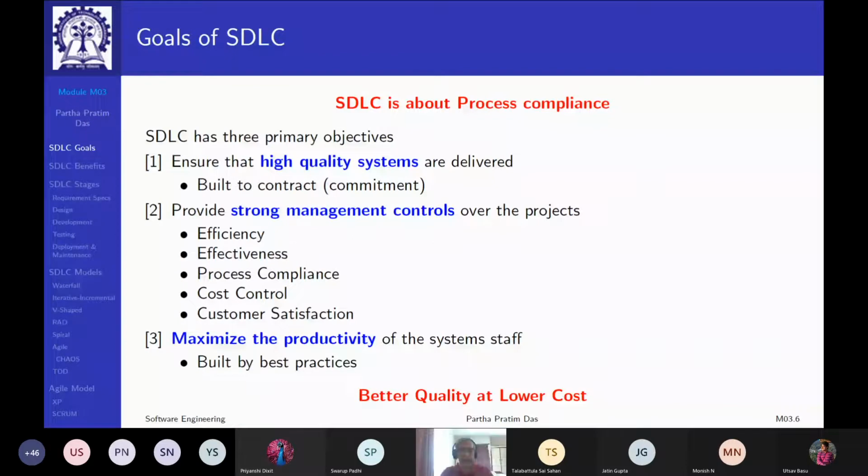Second, SDLC must provide strong management control. You have the management in the company so that you can achieve the organizational objectives. You can ensure efficiency, effectiveness, compliance to processes. You can control cost. You can make sure that the customer is satisfied with what you're doing and all that. That will not happen just with individual effort.